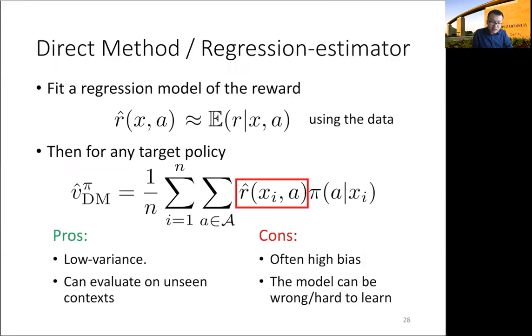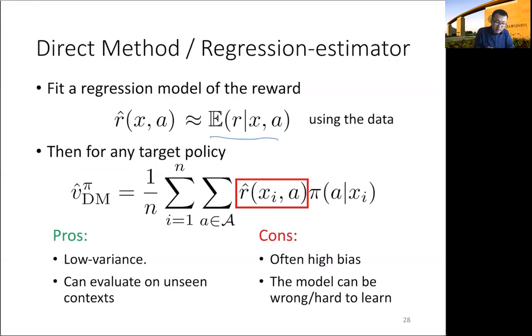Therefore, it's unclear whether we have access to a function class that can approximate the expected reward well, right?